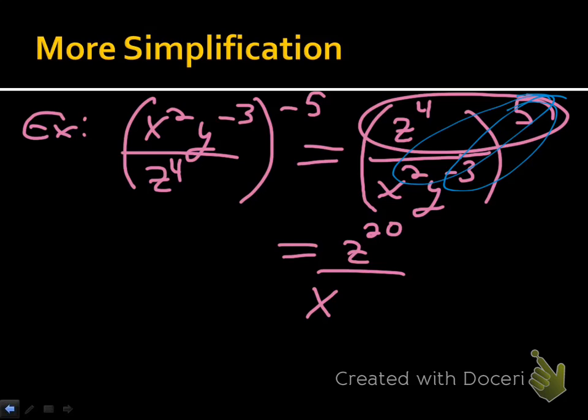So this is x to the 10 and y to the negative 15. Now I've got to simplify that y to the negative 15.